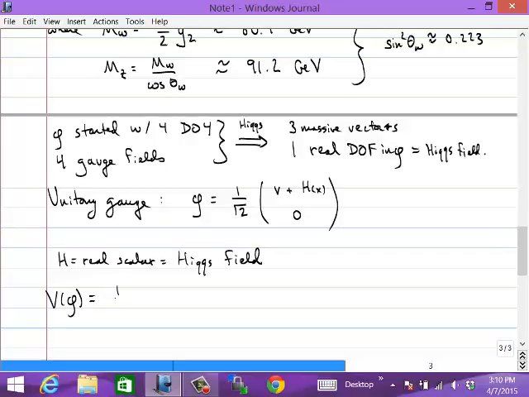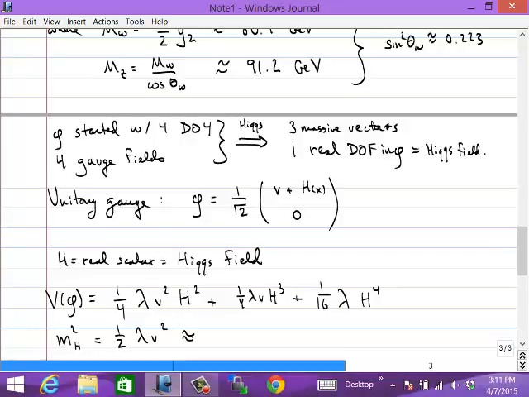So it's 1/4 lambda v squared h squared. That's the quadratic term for the Higgs field. Plus there's a cubic term and a quartic term, where the quadratic term sets the mass of the excitation around this vacuum. And famously, this mass was only recently observed. It's about 125 GeV.